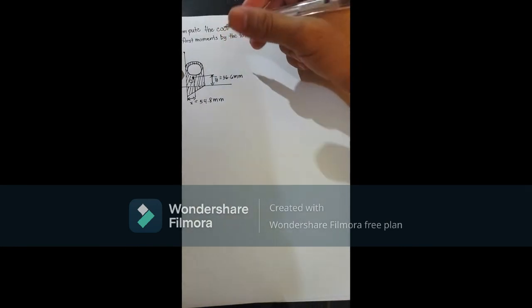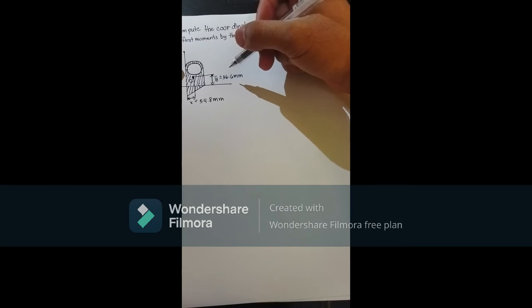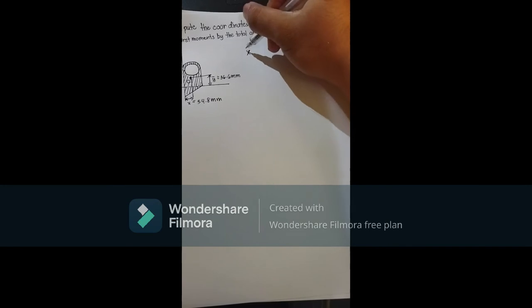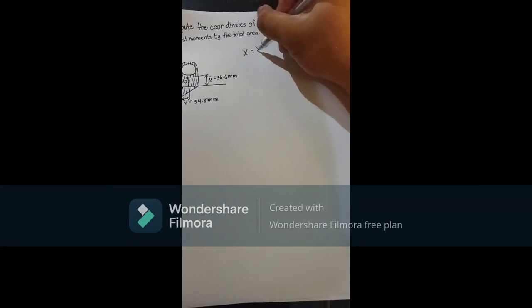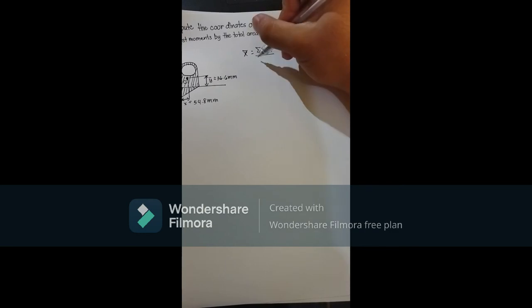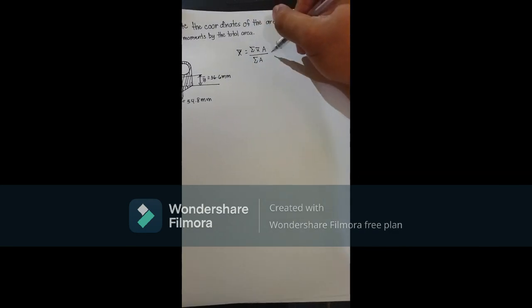Now we're going to solve how these given points were calculated. So the mean of x is equal to the summation of mean of x times the area over the summation of the area.